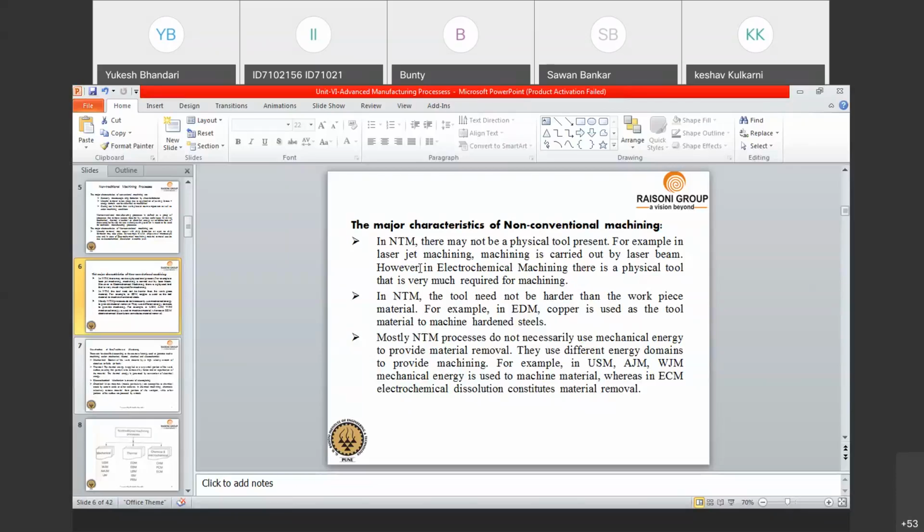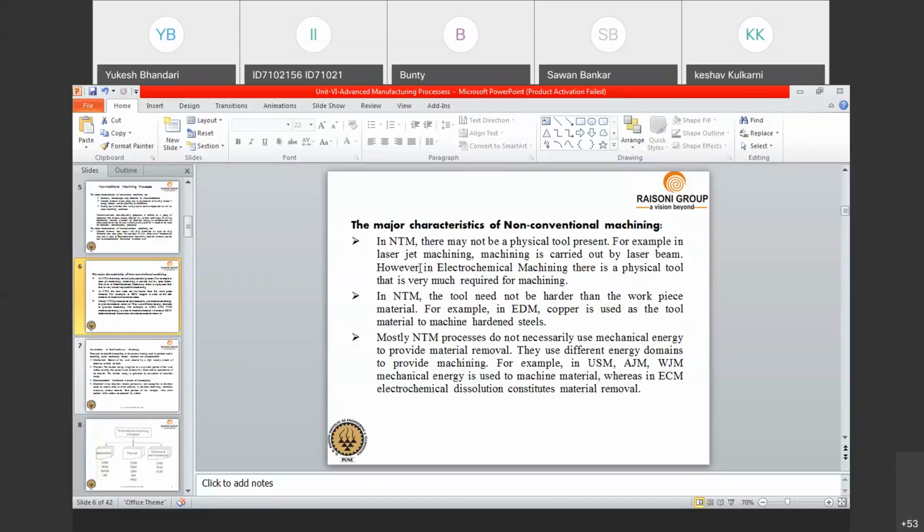As you know, copper is a much softer material compared to steel, which is much harder. But still, in EDM, you can use copper as a cutting tool, which is not the same as in conventional machining.